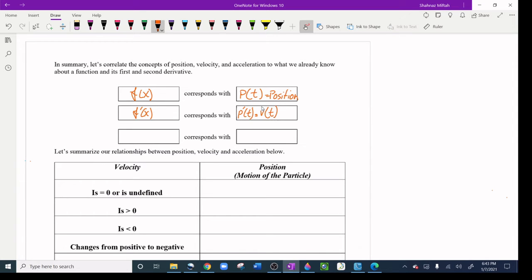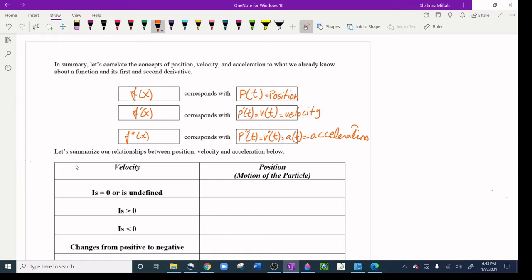Make sure you don't put the prime on top of velocity, because velocity is the first derivative already. f double prime x corresponds with p double prime t, the second derivative of the position, or you can say v prime t. Velocity is the first derivative. When you take a derivative one more time of the velocity, it's the second derivative, or you can write a of t. And this equals acceleration.